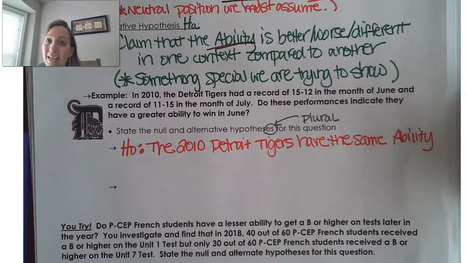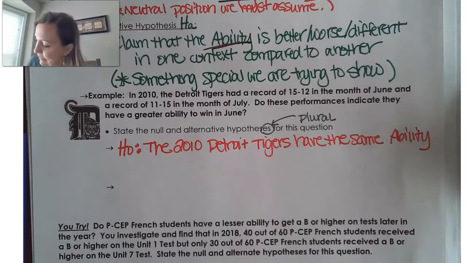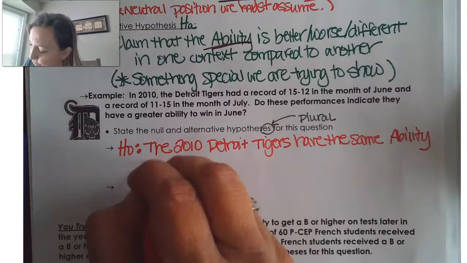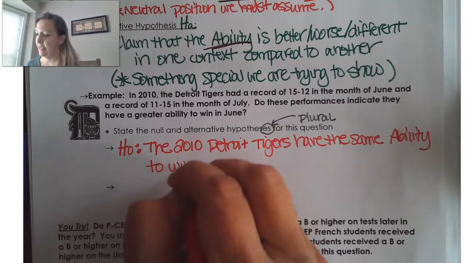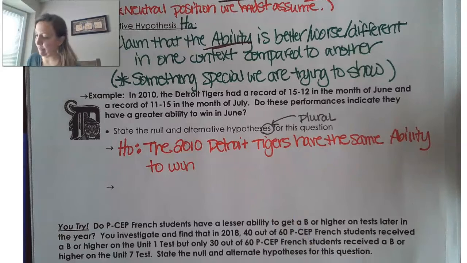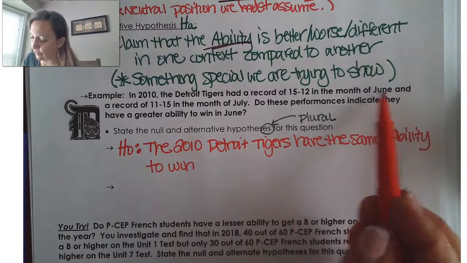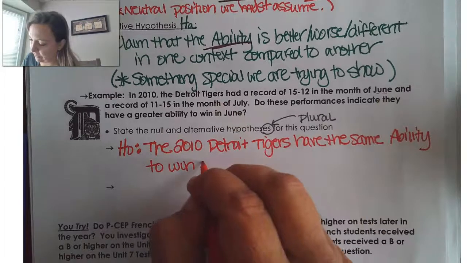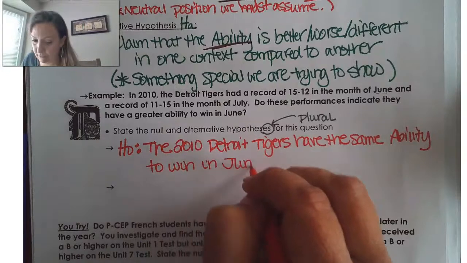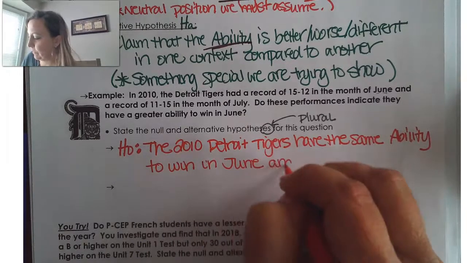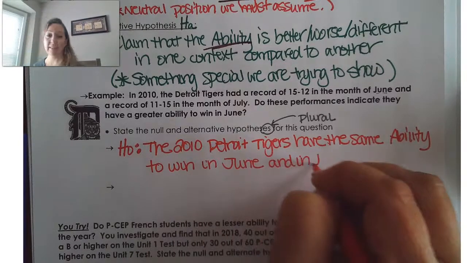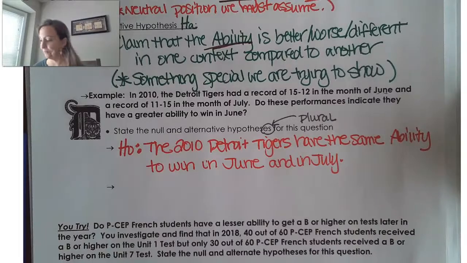And the action is we're talking about them winning, so they have the same ability to win. And the context that they're talking about are the two different months, June and July. And that's our null hypothesis.